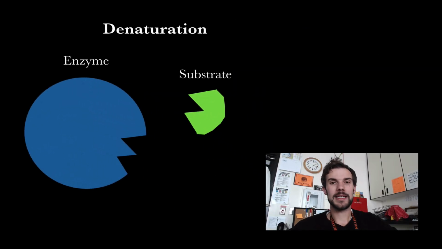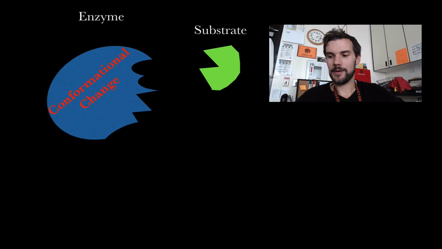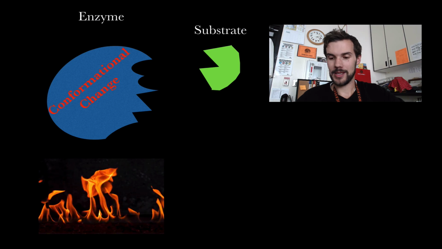Enzymes can denature, and denature is where the enzyme changes shape, and we call that a conformational change. What's happening is that a lot of the bonding in the protein is going to change or be broken. That means that the enzyme is no longer able to work. And there are different ways that that can happen.